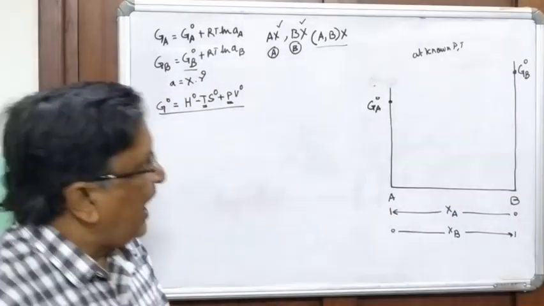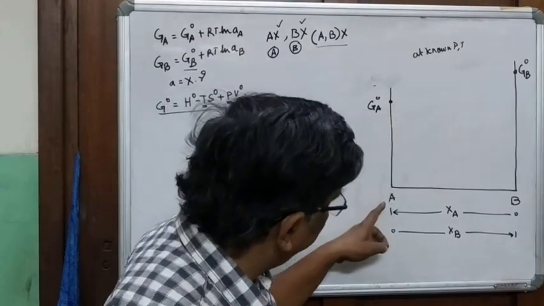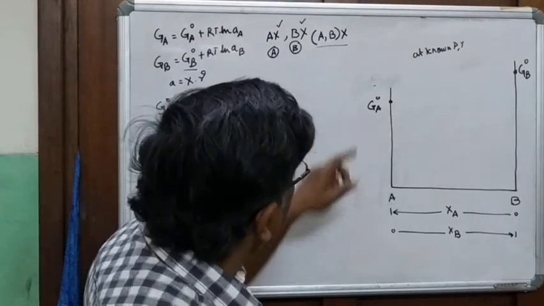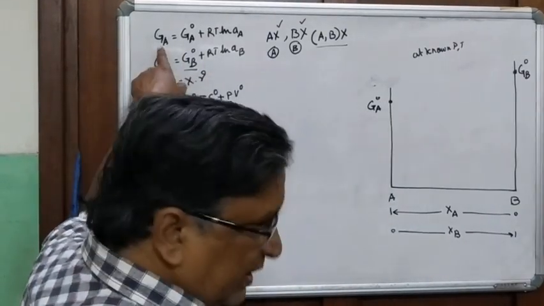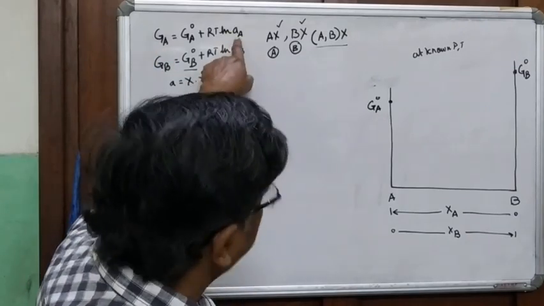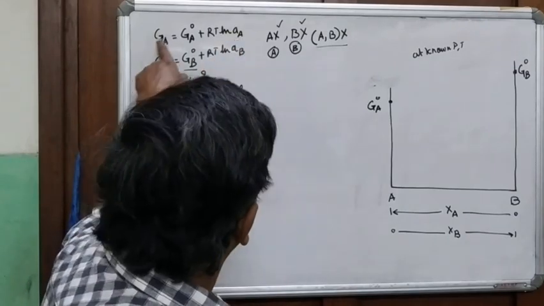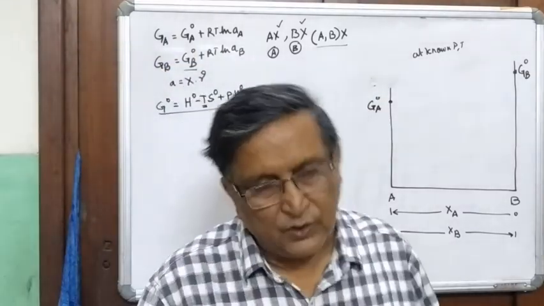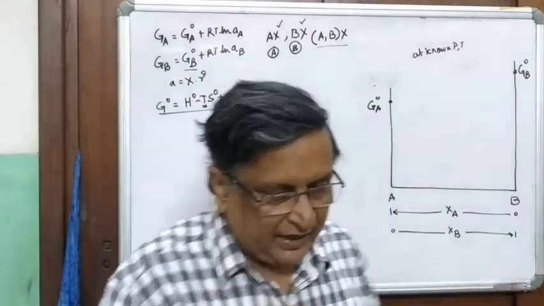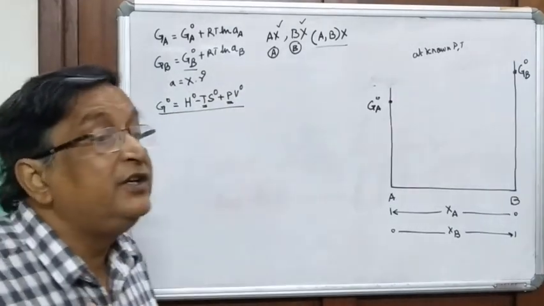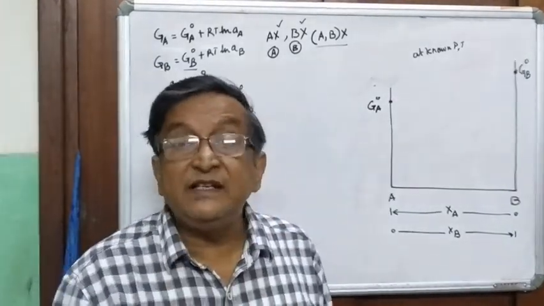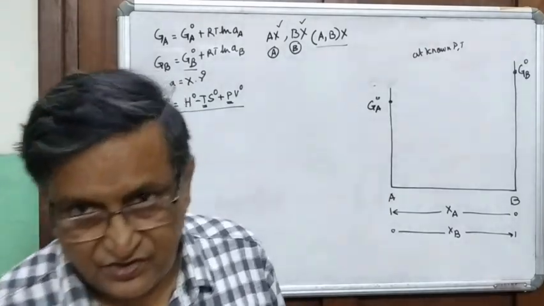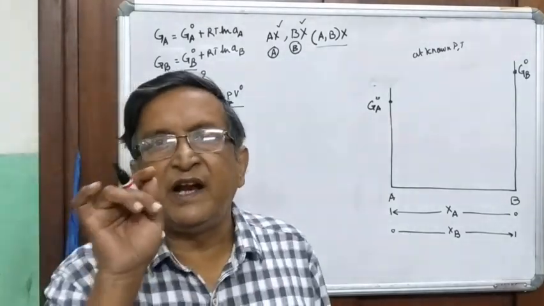At a known pressure and temperature, for pure A, we'll have a particular GA value. For a pure phase, of course, activity is equal to 1, and so it could be GA, but I have written it as GA0, which is equivalent to GA. You can ask me, why didn't you write GA? It's because it is the free energy of a pure phase. So GA0 is the right symbol for it.